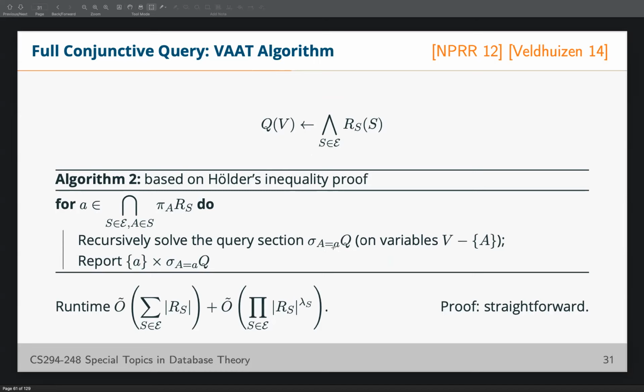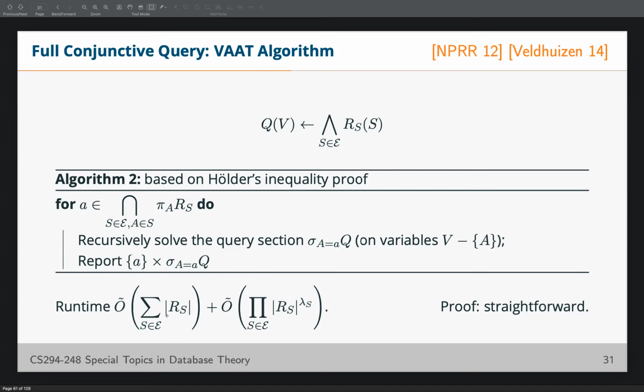So it's a very highly inductive, one variable at a time algorithm. And then we just report the output. We just attach A to every tuple that is emitted by the recursive algorithm. I find this to be even more convincing than the triangle example. It's very inductive in nature. And the runtime is precisely that: the AGM bound plus the input size.